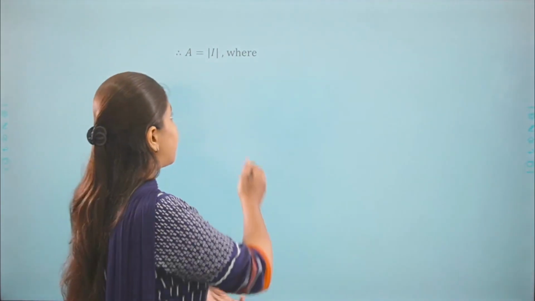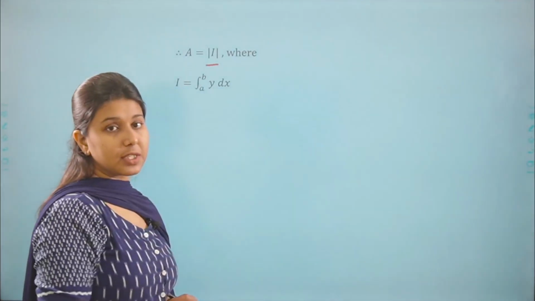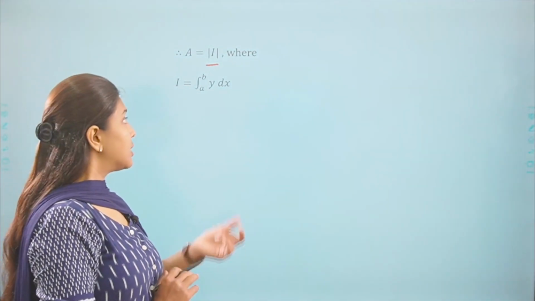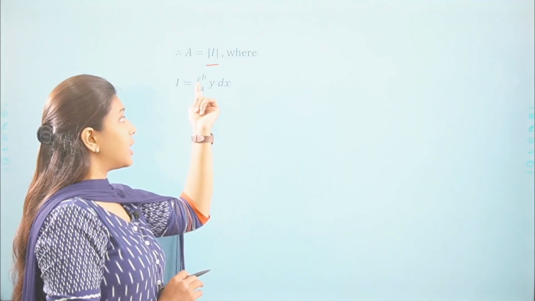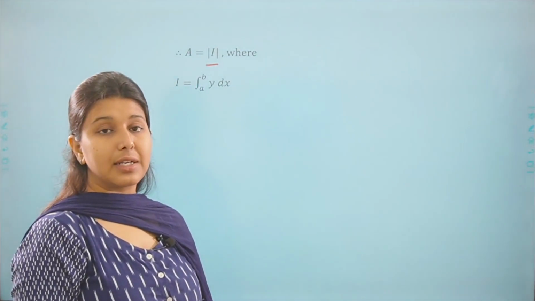Now what is the formula for this I? Either you can use integration of a to b f of x dx or integration of a to b y dx. Using that formula, we have this term. Now in this term, values of a, b and y are already given in your question, that is minus 2, 2 and y is equals to 3x square.